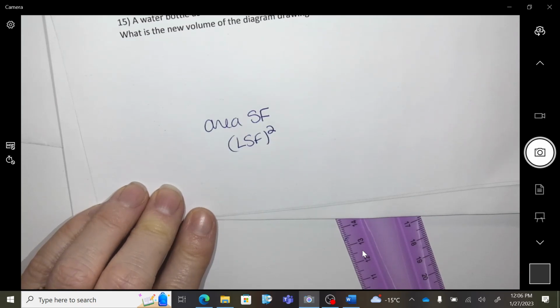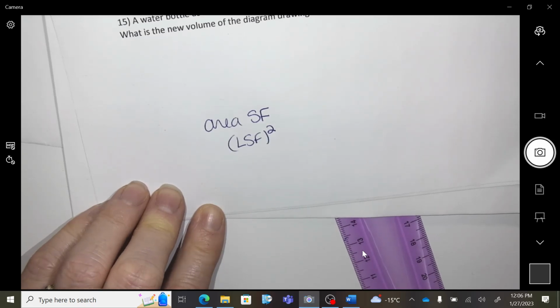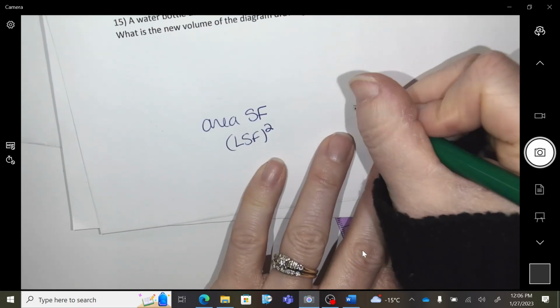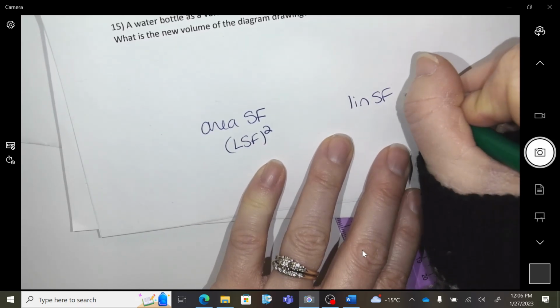Your area. Or what, how did we write it? I feel like we wrote it really nicely somehow. What did I do? Linear scale factor.